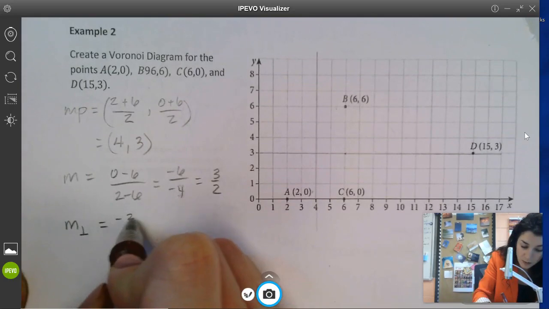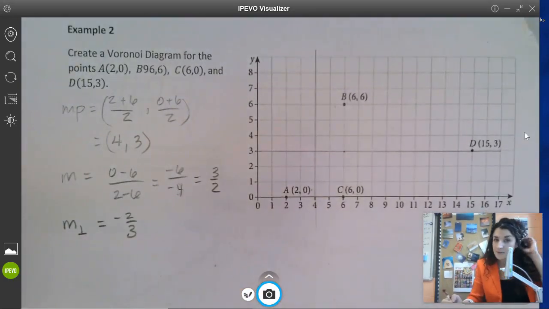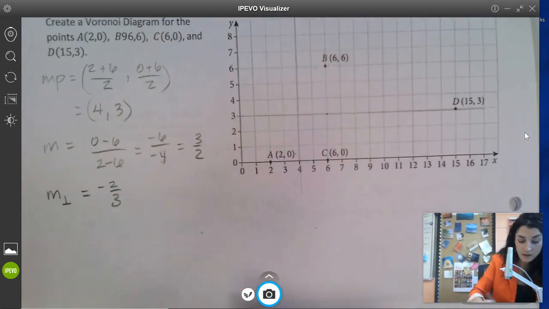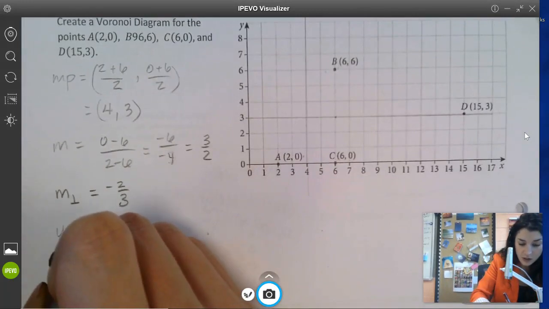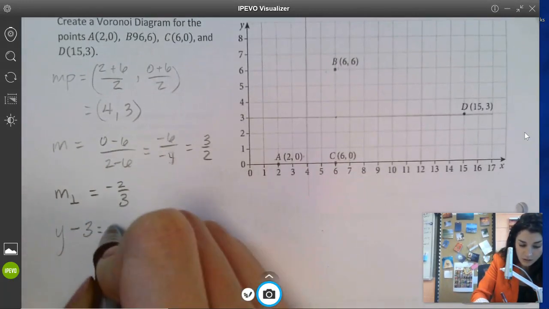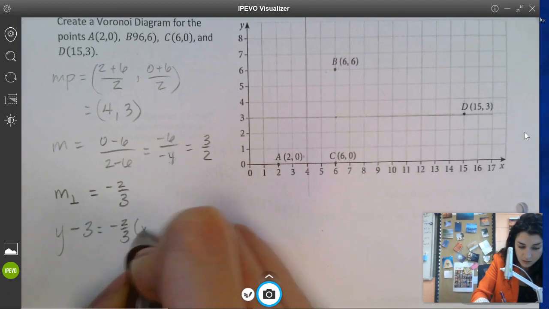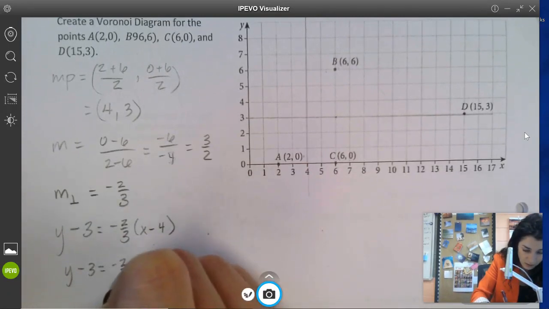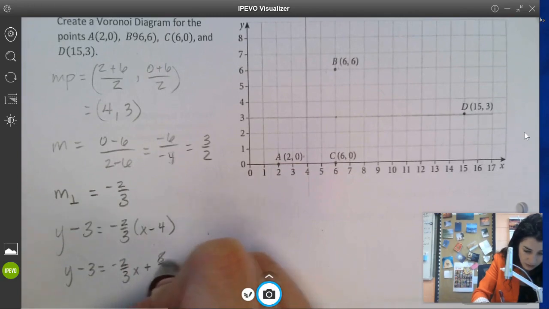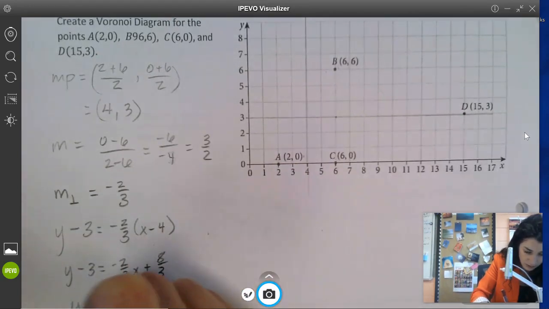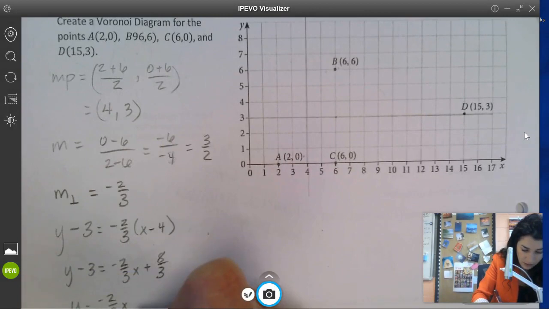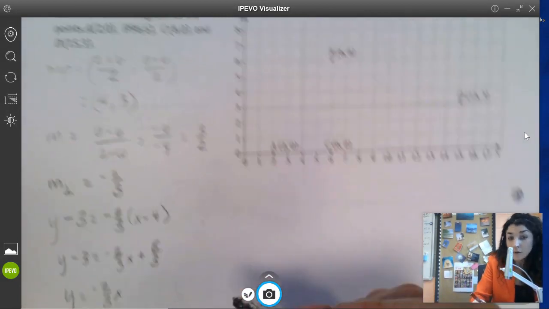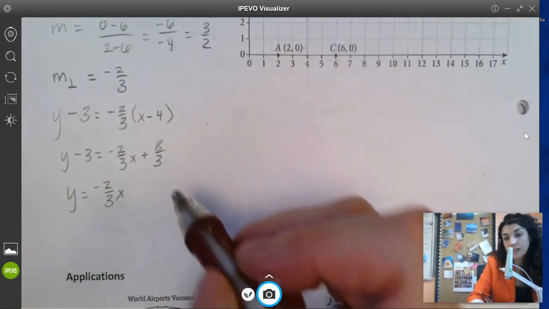Our perpendicular slope is then this. Putting it together as an equation, feel free to use your calculator to add 3 to 8/3.